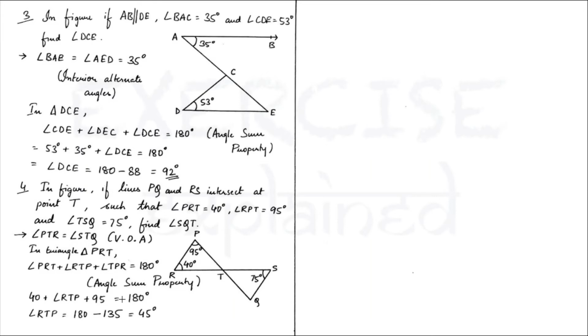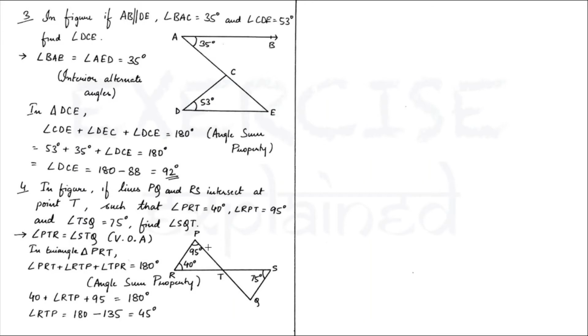Everything adds up to 180 degrees. Now 40 degrees and 95 degrees added together gives me 135. I take this 135 to the other side, and we get RTP is equal to 180 minus 135. That gives me 45 degrees.